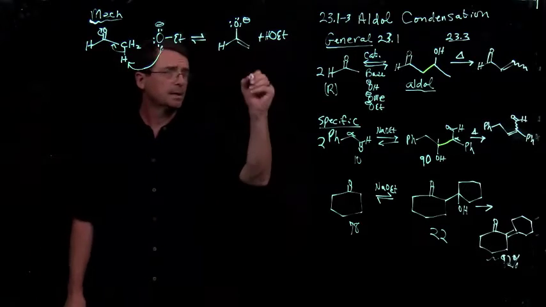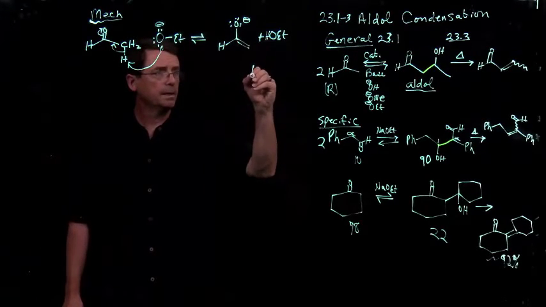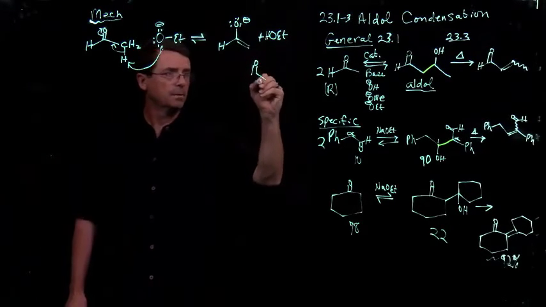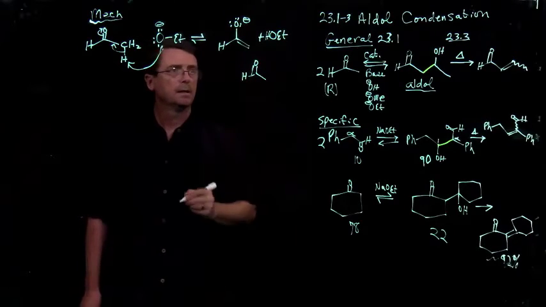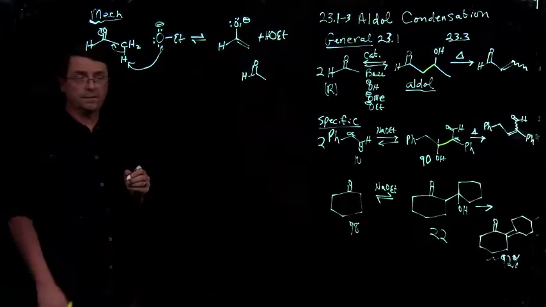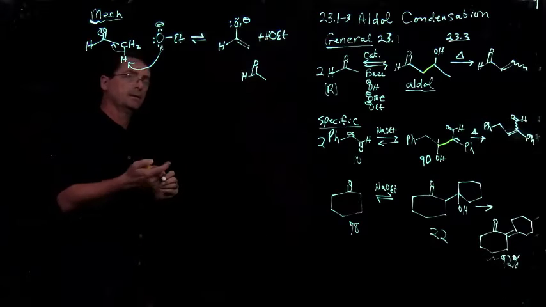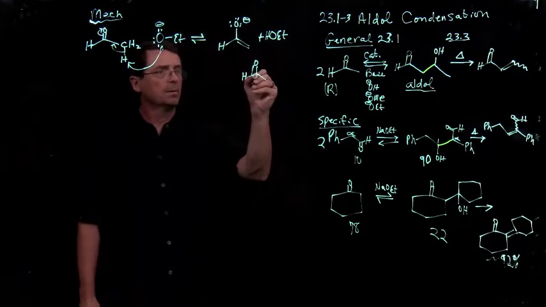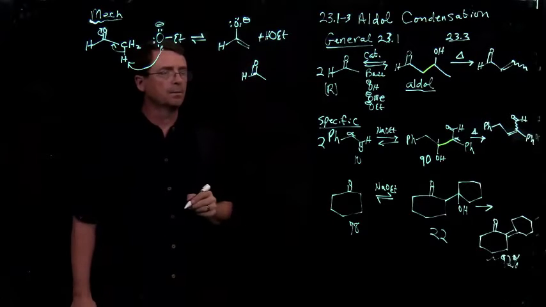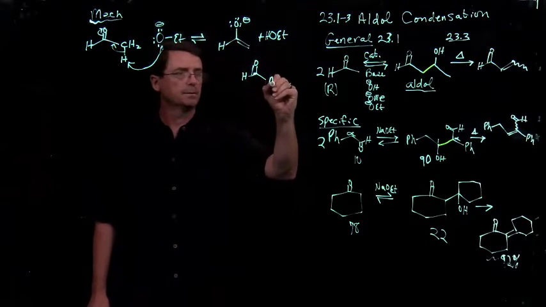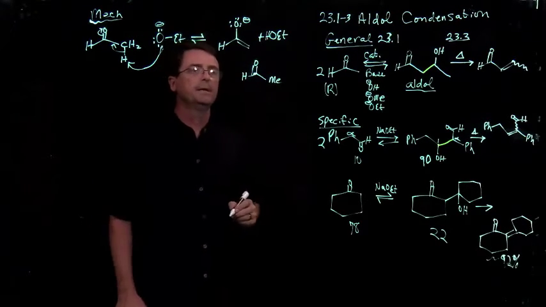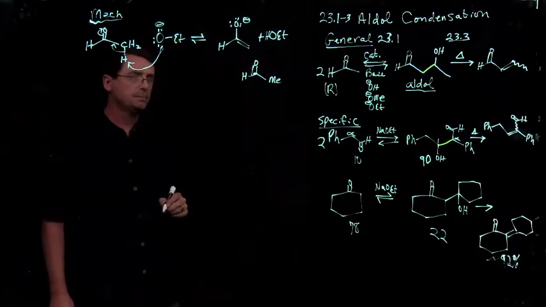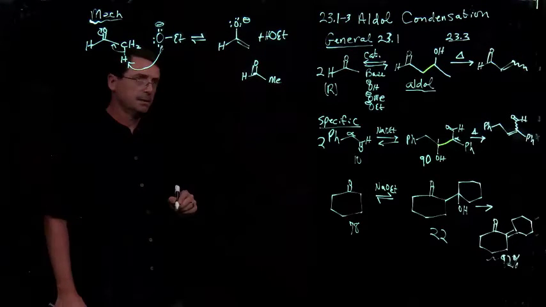Then here comes our second molecule. We know that enolates will react as nucleophiles. Turns out we have a self-condensation where another molecule of the carbonyl starting material, so this would be our acetaldehyde, is the electrophile.